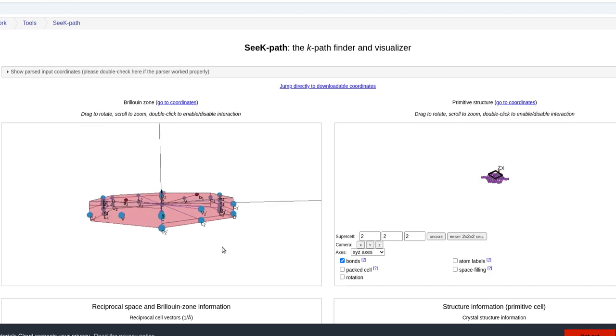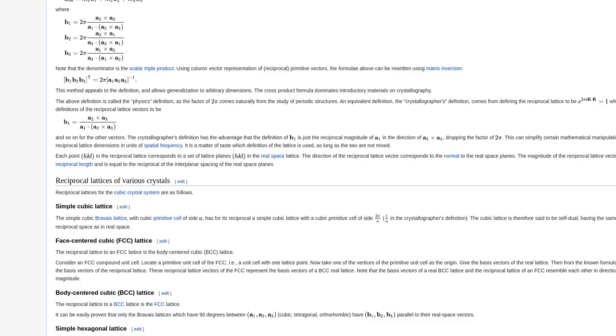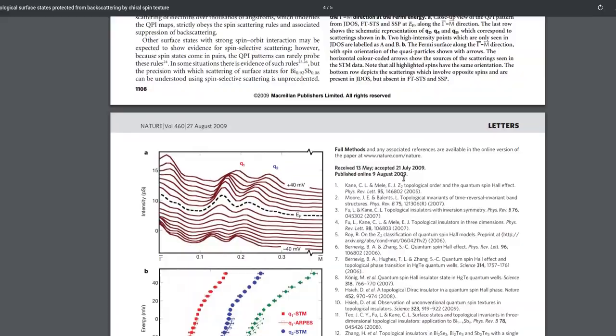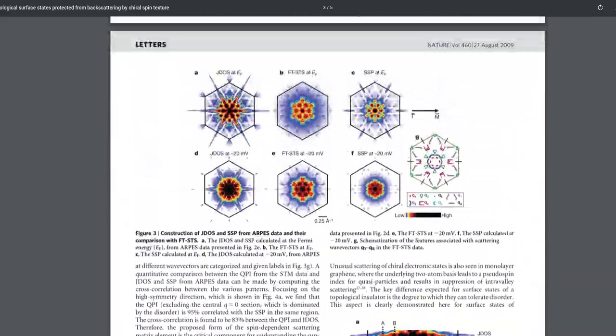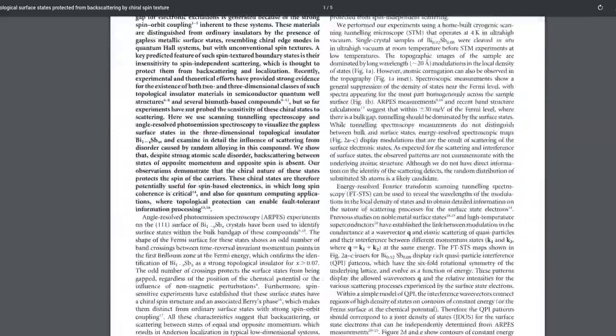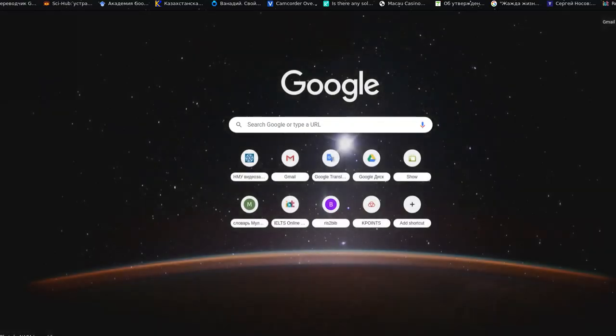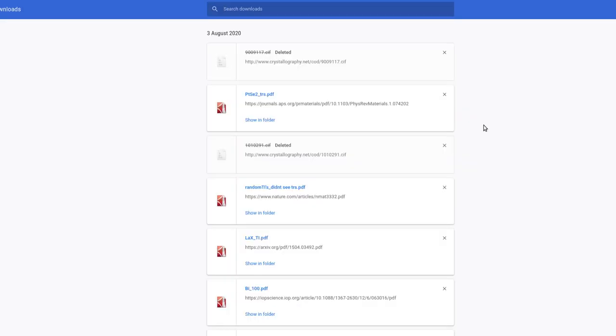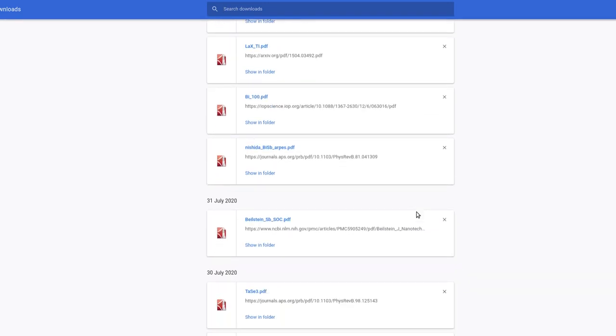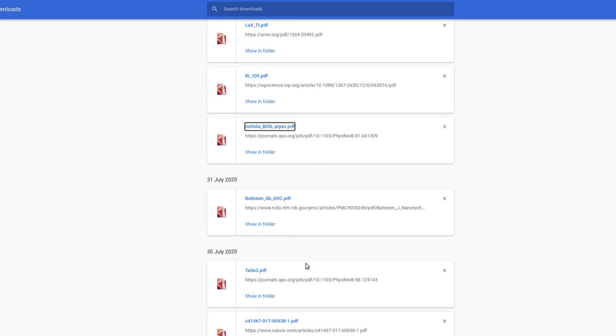And in articles, you can see that they use, let's say, maybe that one.